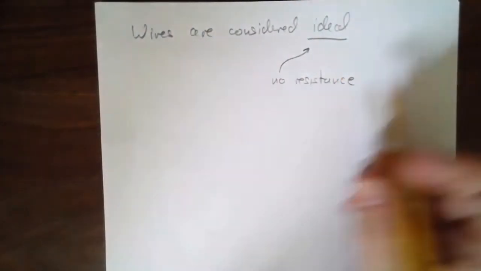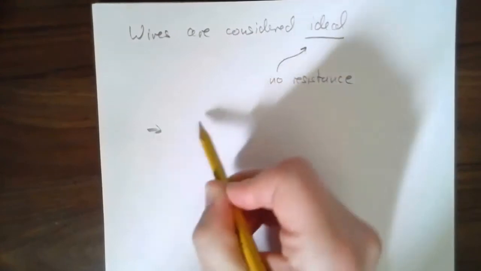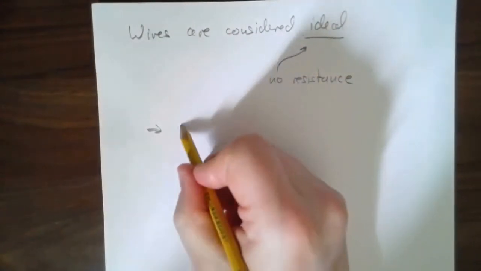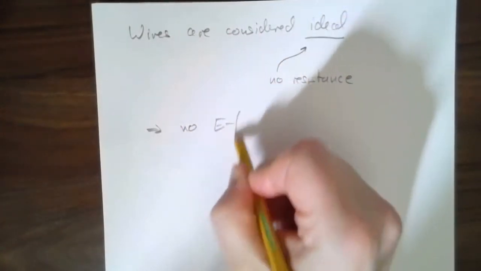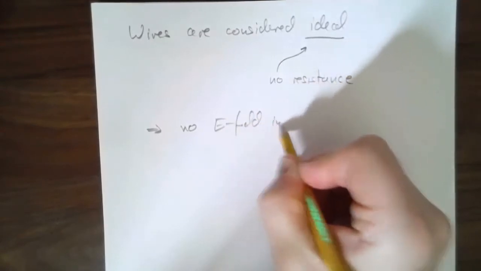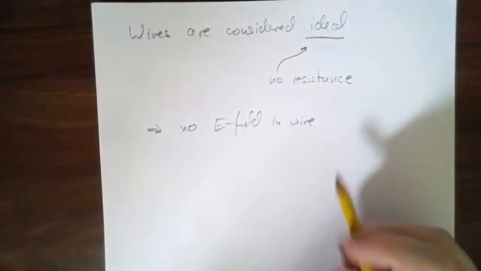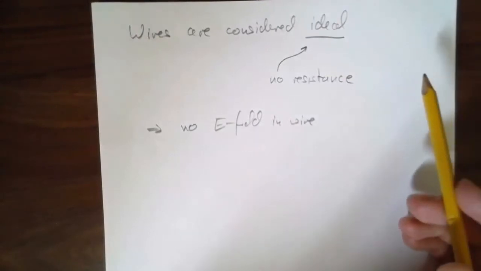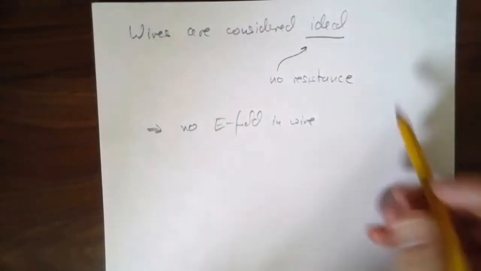What that means is, if you go along a wire, there's no electric field in the wire. It's almost a sort of electron highway. They just shoot along unhindered, not losing any energy.